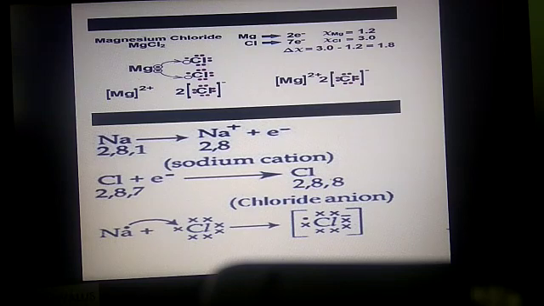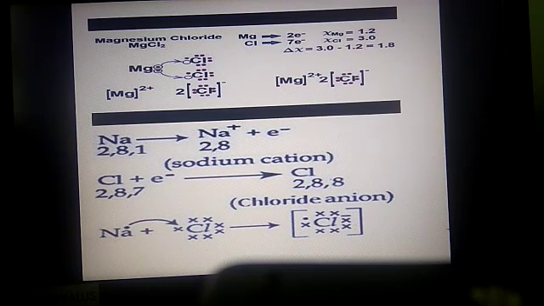Take magnesium chloride. Magnesium has 2 valence electrons, and to form its octet structure, chlorine, which has 7, needs one more. So the 2 electrons from magnesium will be given and shared to the 2 chlorine atoms.